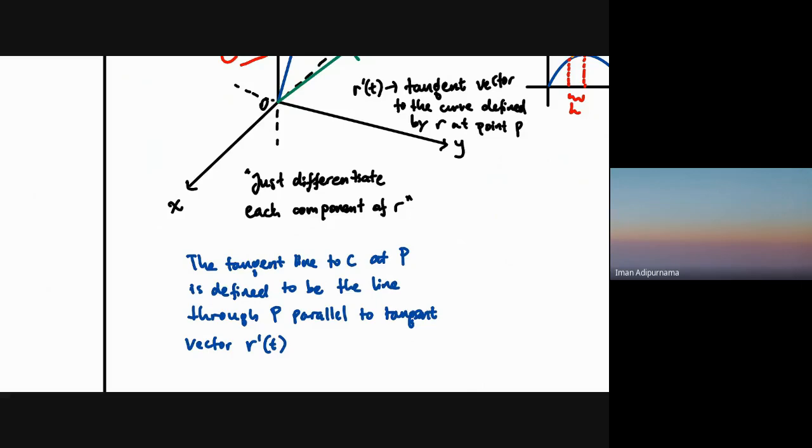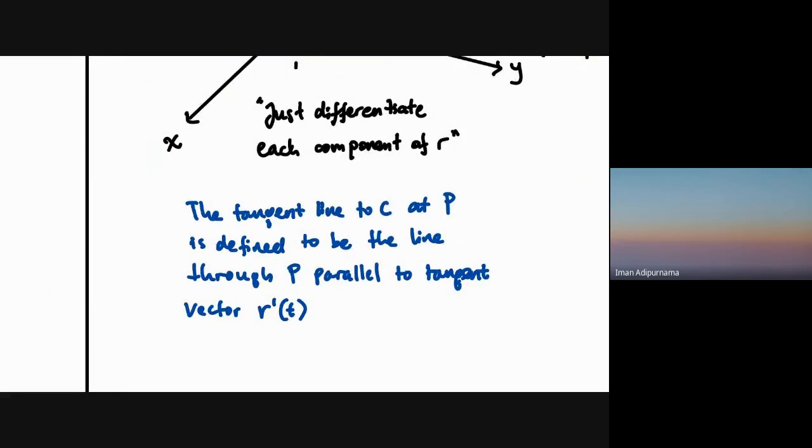You can also write it like that. So meaning you can make a line parallel to the tangent vector r prime.